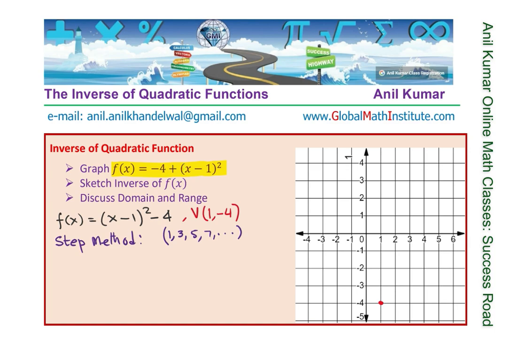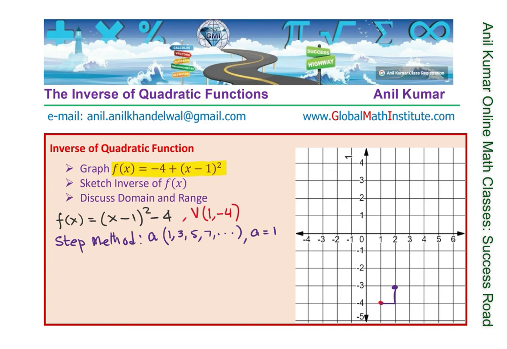So it will be 1, 3, 5, 7. Let me take a lighter color here. If I move 1 unit to the right, then we go up 1 unit, correct?